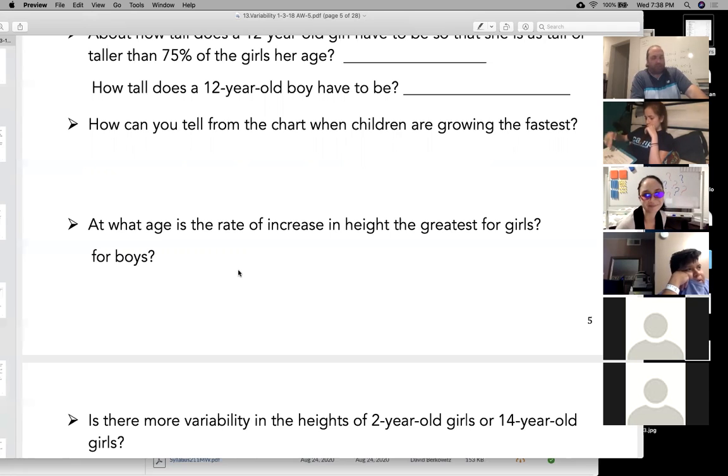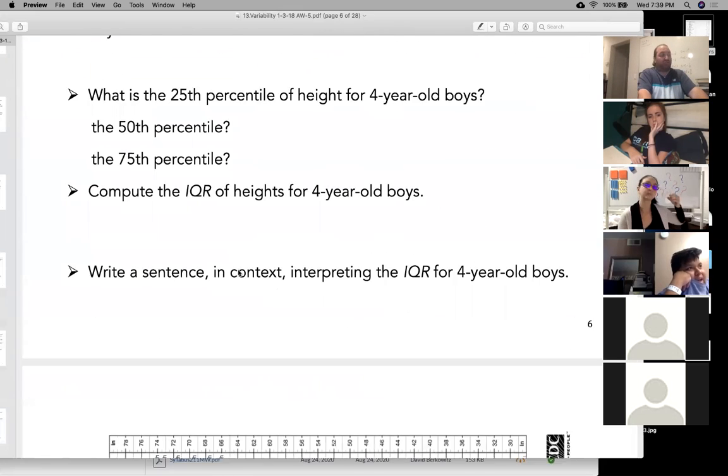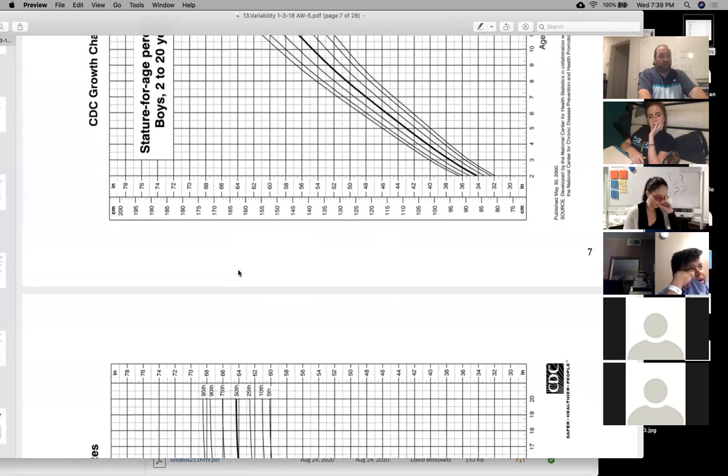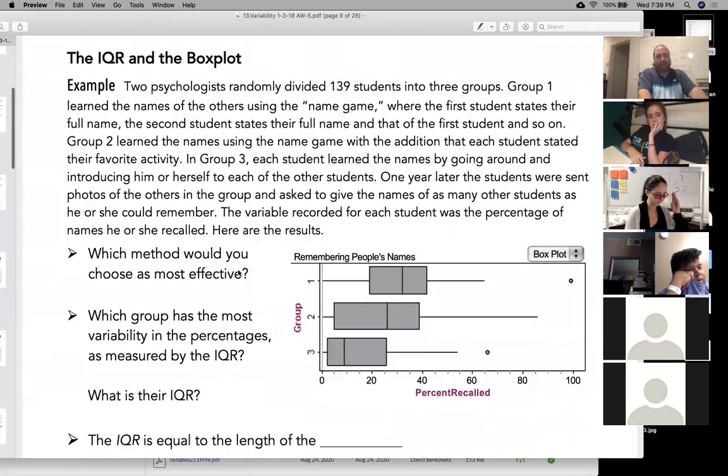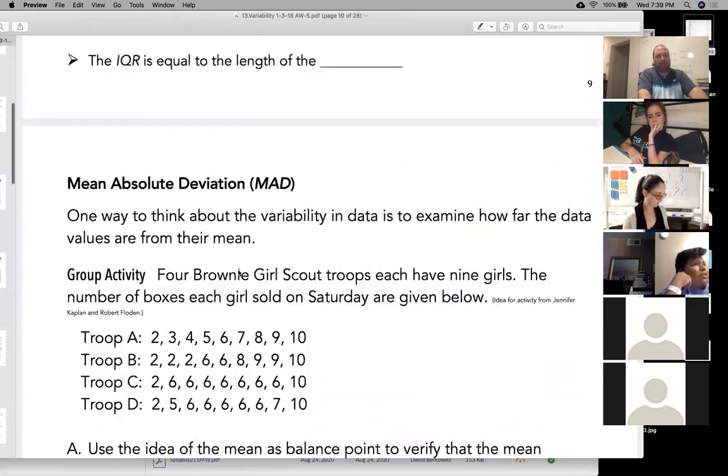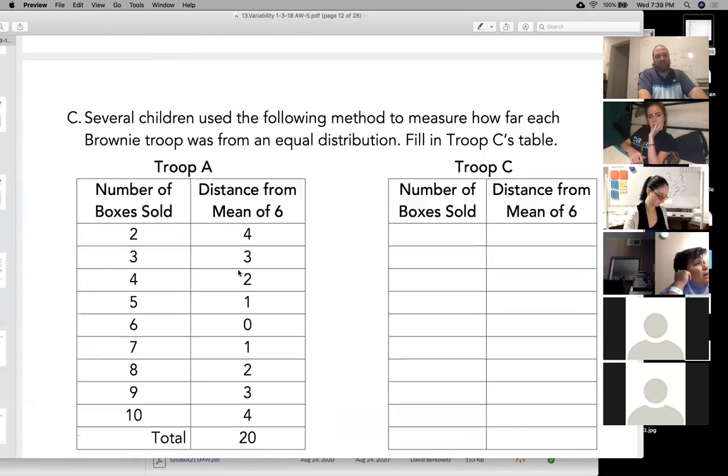We're not squaring. We're not dividing by n-1, although we are dividing by n at the end. It might not be as useful, but from a test perspective, it's just easier. But you should certainly know what the MAD is because we covered it, and the IQR, the box plots. We did all this stuff.